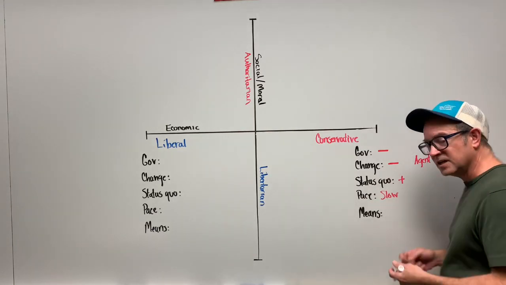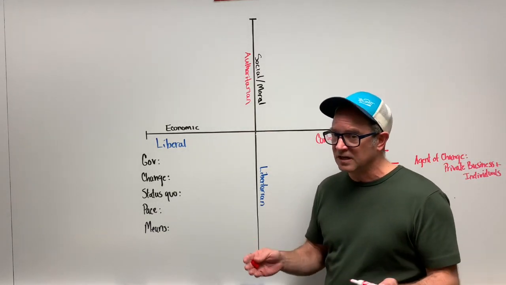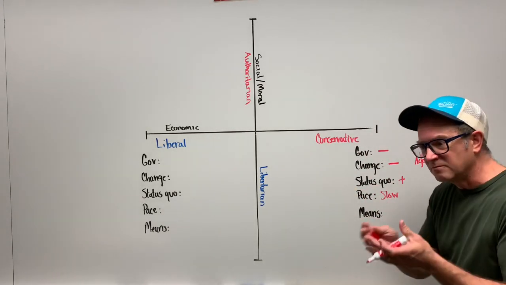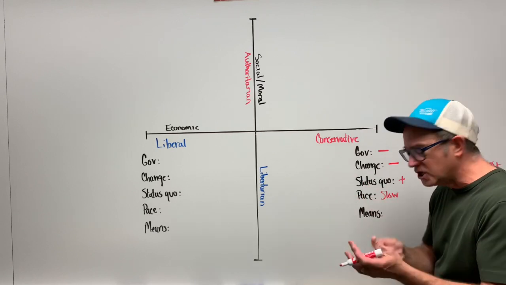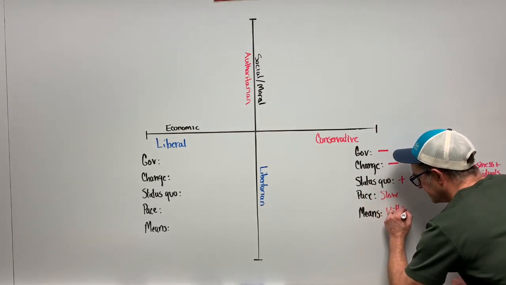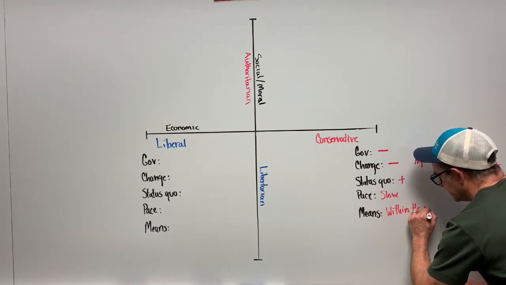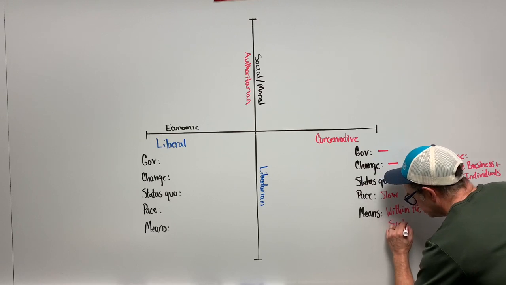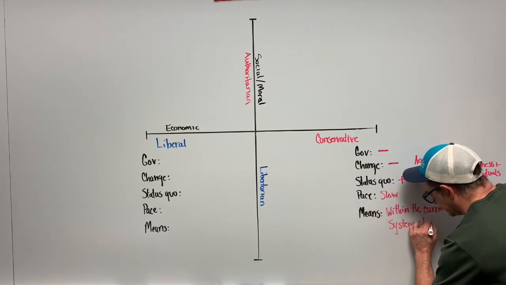Now, the means that a conservative is willing to use to preserve the status quo and possibly implement some very slow, regimented change is that they're going to stay within the current system and law.